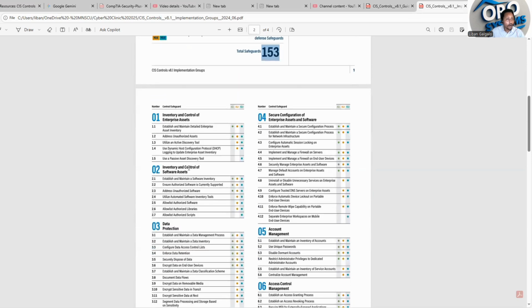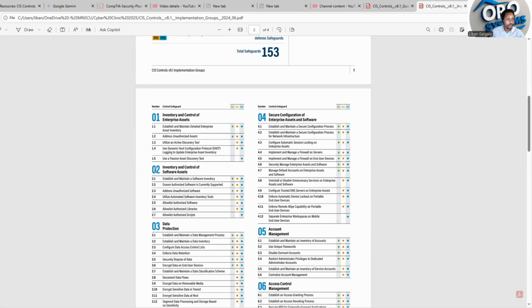So how do we know which one is which? If the company picks Control 1, they know which safeguards already include IG1. Like we see here, the first number is the number of the safeguard.